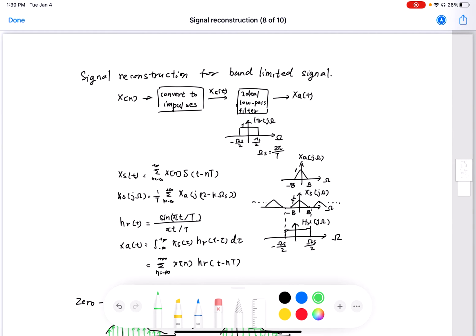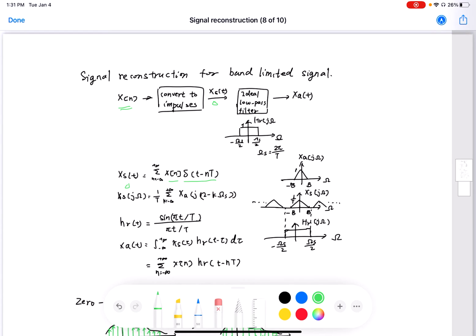When we do the ideal signal reconstruction, we start from the discrete signal and we convert the discrete signal to the continuous signal. So the continuous signal here, xs(t), is equal to the summation of n from minus infinity to infinity of x[n] times the delta function.